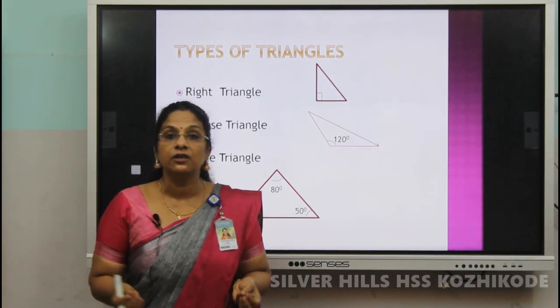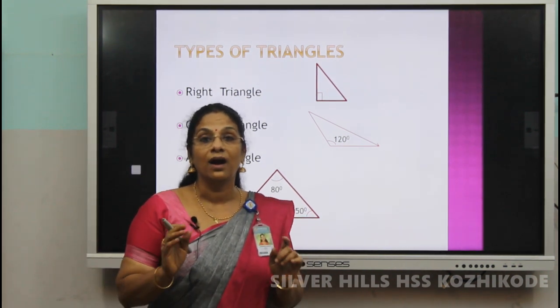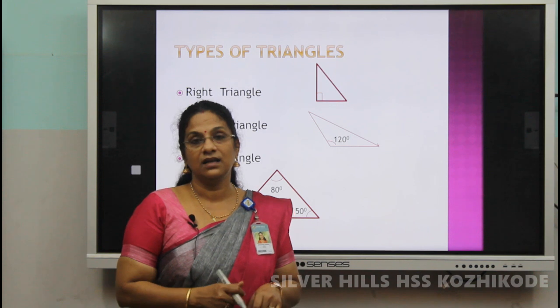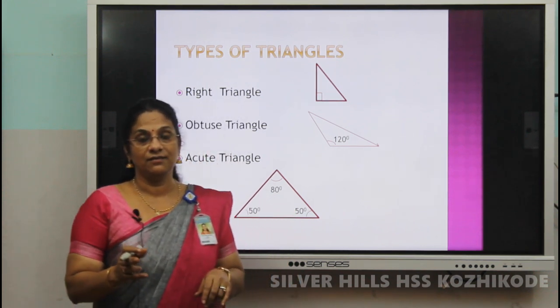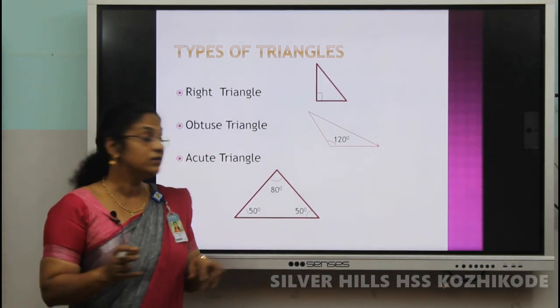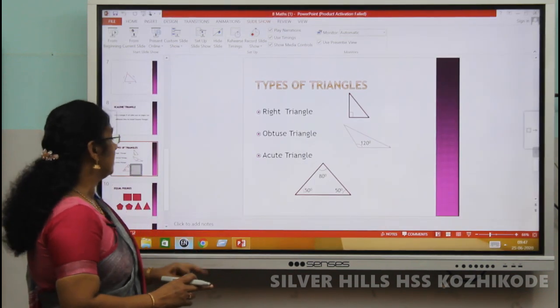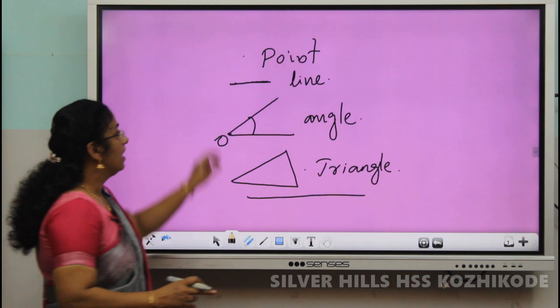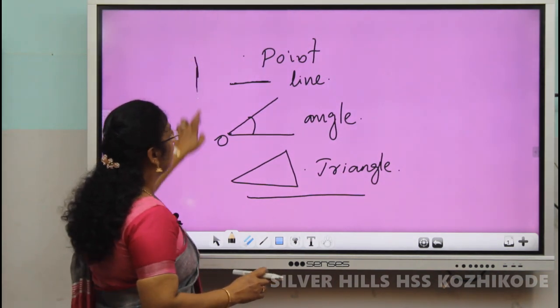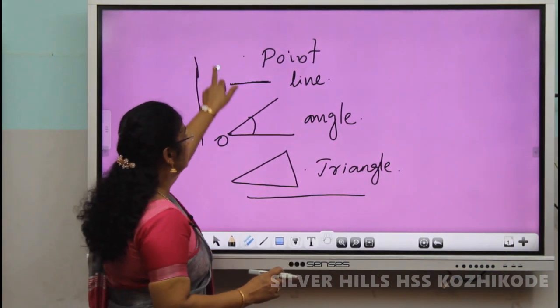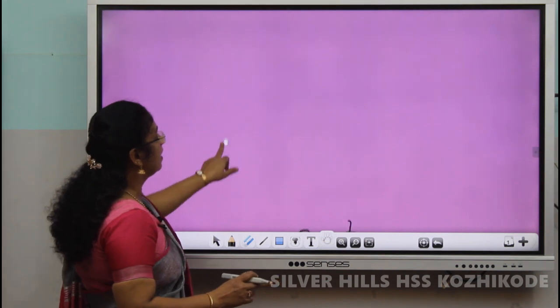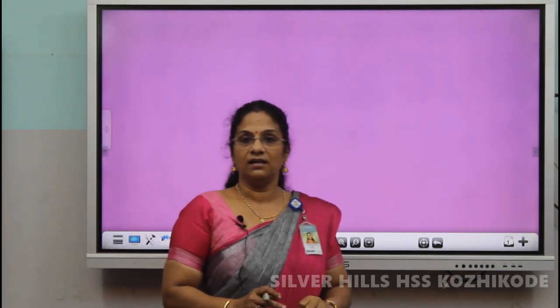What are the different measurements we needed to construct a triangle? The first one is, if all three sides are given, we can construct a triangle.